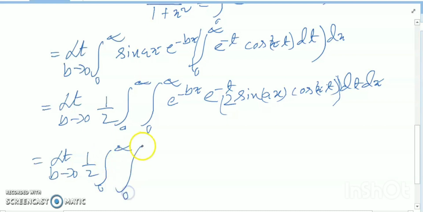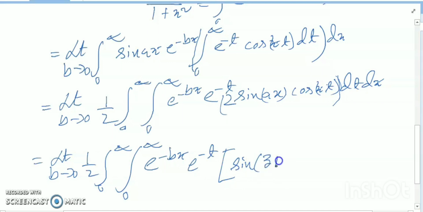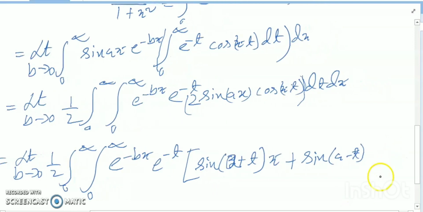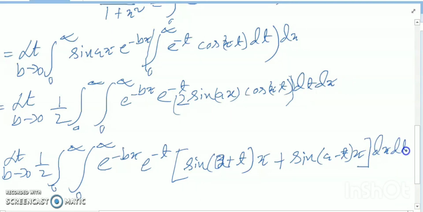So the integral from 0 to infinity, 0 to infinity of e to the power minus bx and e to the power minus t, it can be written as sine of (a plus t)x plus sine of (a minus t)x, dx into dt.